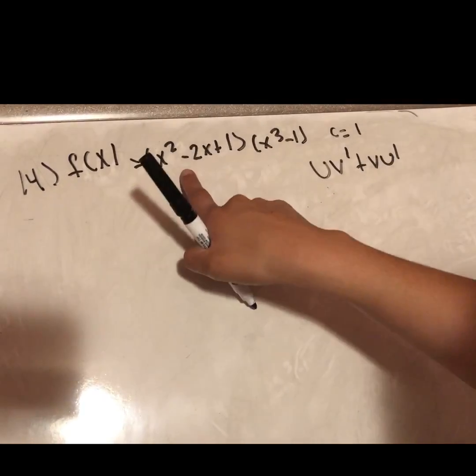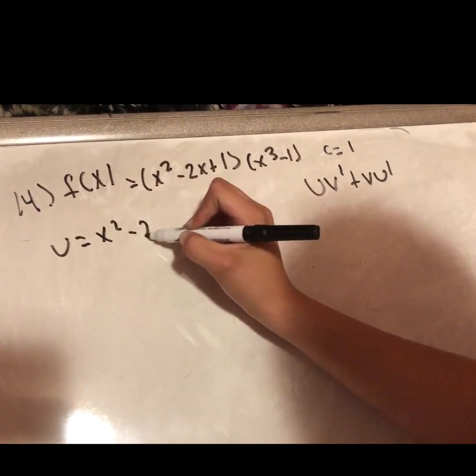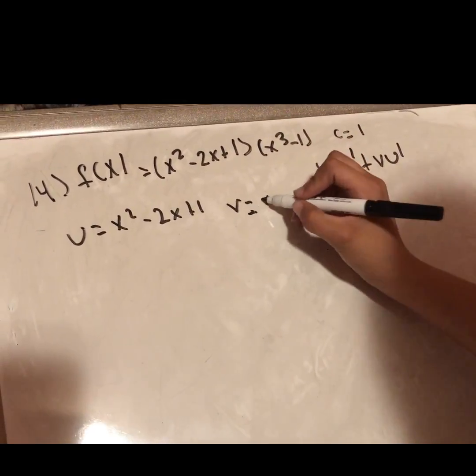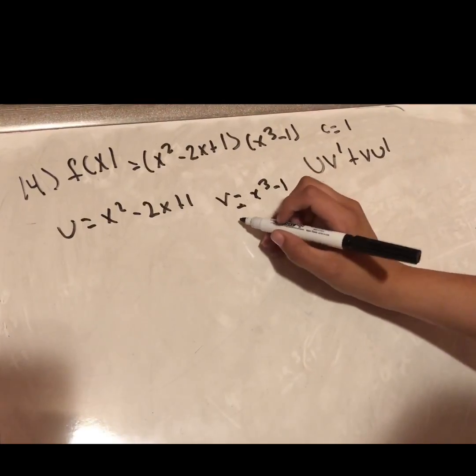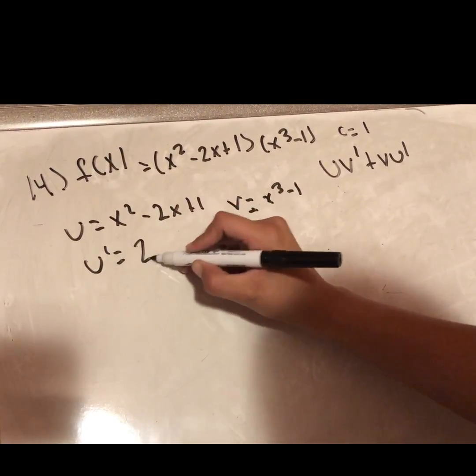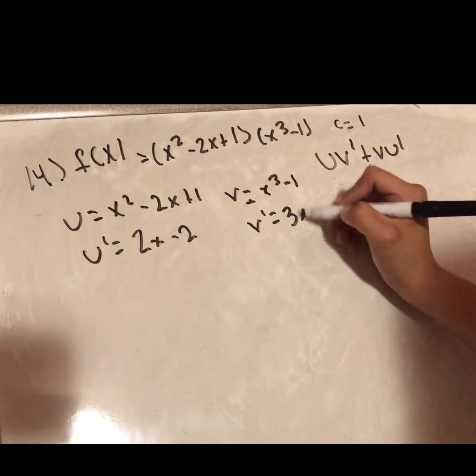We're going to use x squared minus 2x plus 1 as our u. Our v is going to be x cubed minus 1. So now we need to find our derivative. Our derivative of u is going to be 2x minus 2, and our derivative of v is going to be 3x squared.